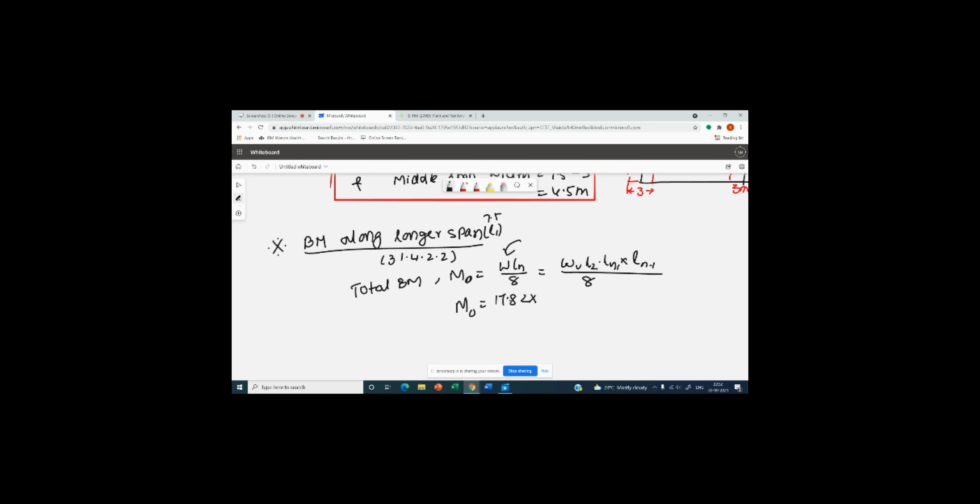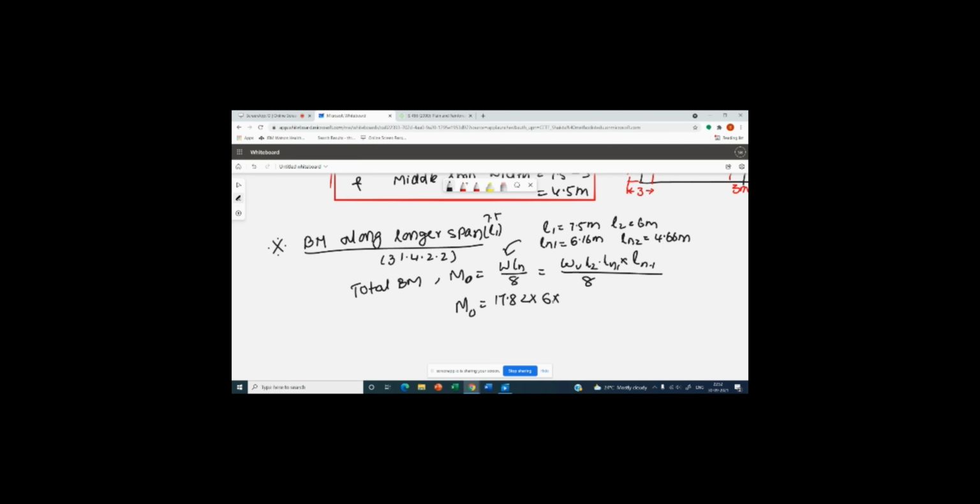I am multiplying by the area so that it becomes kilonewton. Your L2 is 6 meters and L1 is 7.5 meters. Similarly, the clear span Ln1 we have determined already as 6.16 meters, and the clear span in the other direction is 4.66 meters.